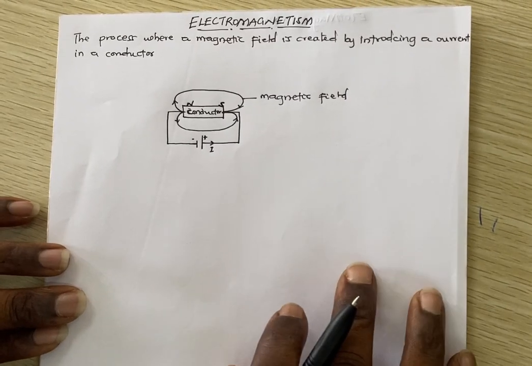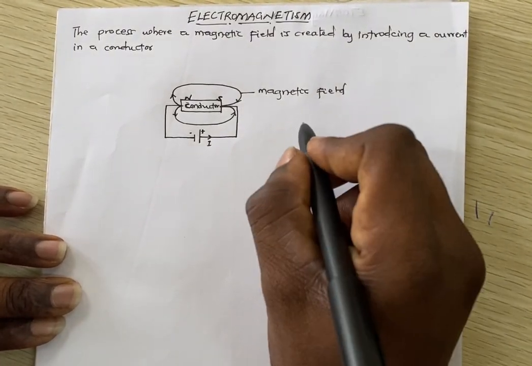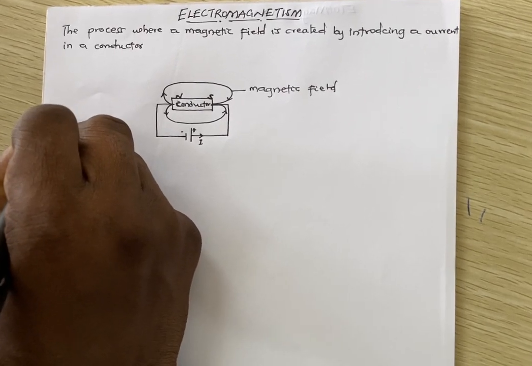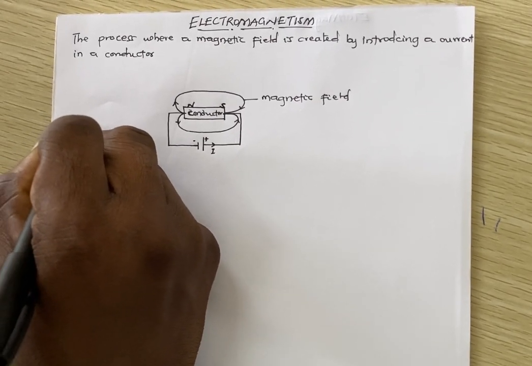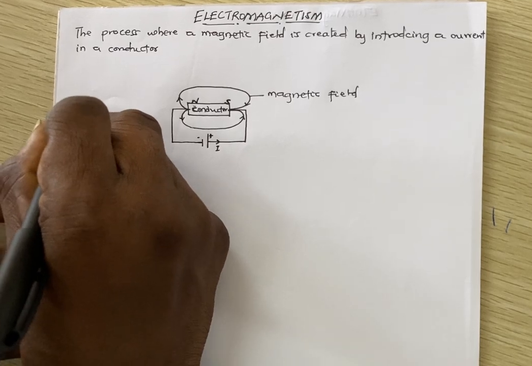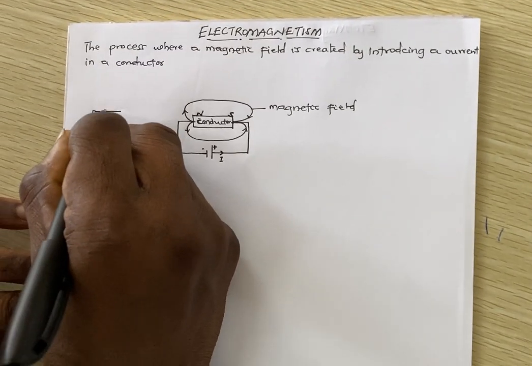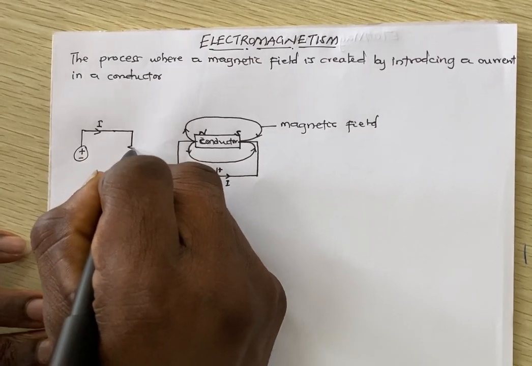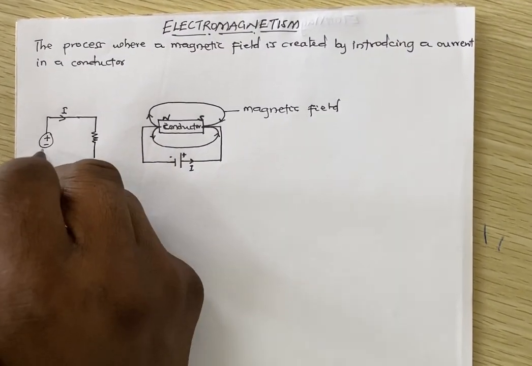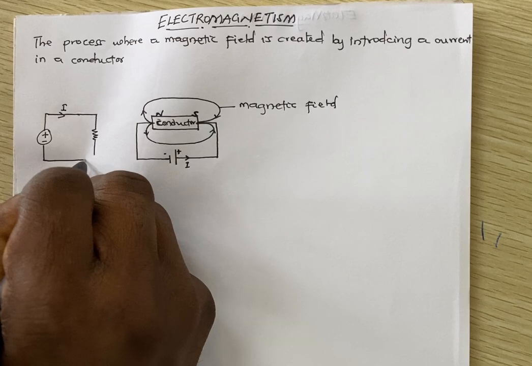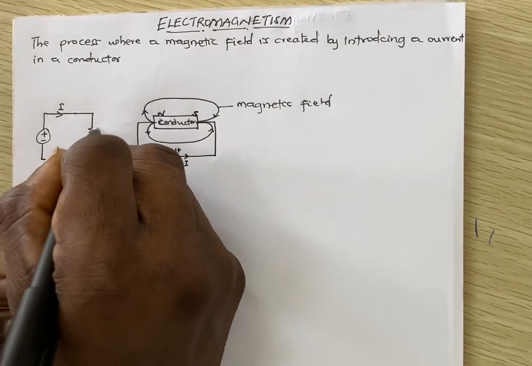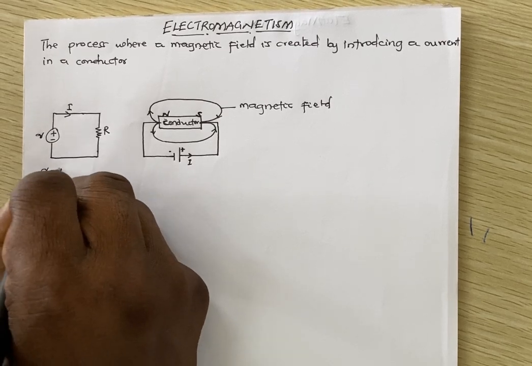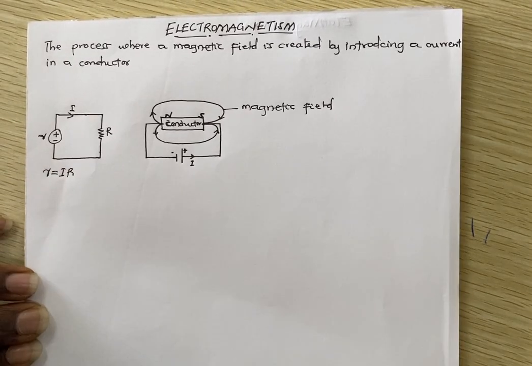Now, in our normal electrical circuits, we would have something like this, which will be voltage, then a current source, and a resistor, giving us Ohm's law, V is equal to IR.